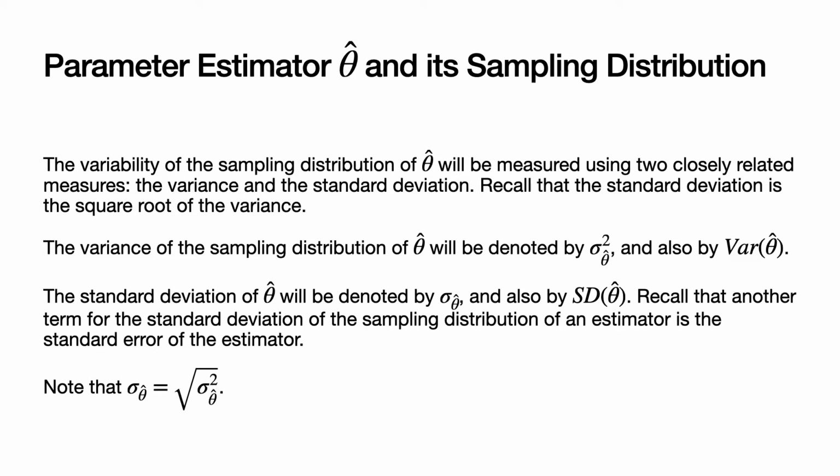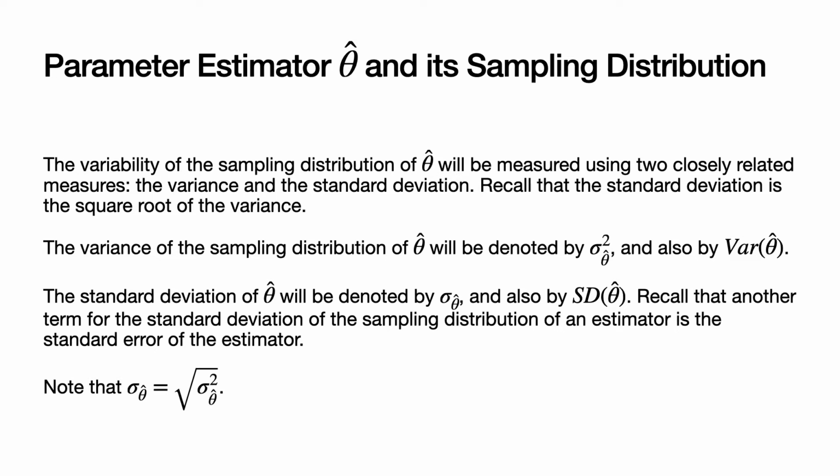Now, one other term that I want to remind you about: another term for the standard deviation of the sampling distribution of an estimator is the standard error of the estimator. So in these lectures and in the notes, sometimes I'll refer to the standard deviation of the sampling distribution of an estimator using that phrase, but I'll also at some points refer to it as the standard error of the estimator.